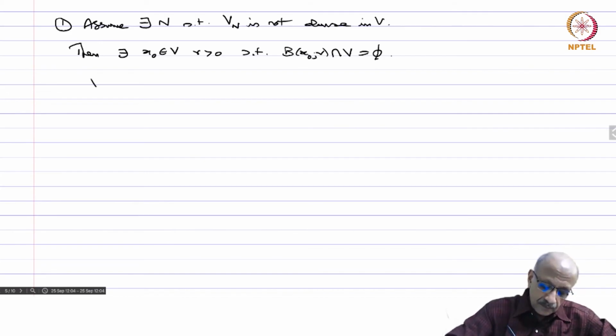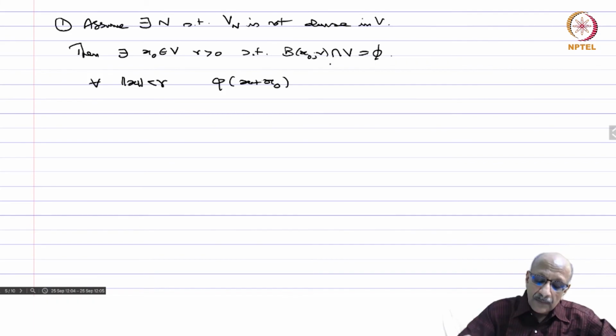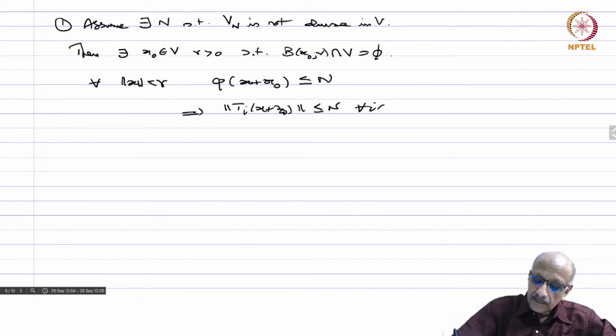Therefore for all norm x strictly less than R, what do you know about phi of x plus x naught? This belongs to the ball B(x naught, R), and that is not in Vn, which means the supremum is not bigger than n, so the supremum has to be less than or equal to n. So this implies that norm Ti of (x plus x naught) is less than or equal to n for all i.